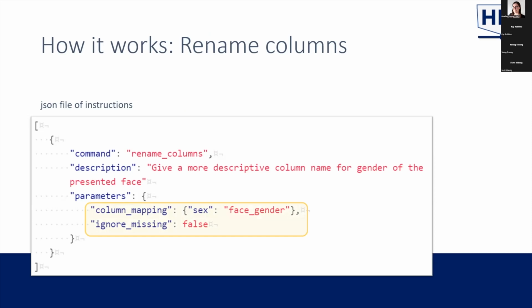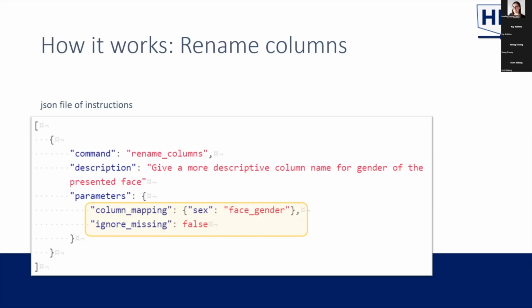So we want to rename a column, and just as an example, I'm going to change one of the column names in the event file, which is the sex column, and I want to give it a more descriptive name. This stop signal task presented male and female faces, but from the event file, this may not immediately be clear. So I'm going to give a more descriptive name to the last column and change the column sex into the face gender.